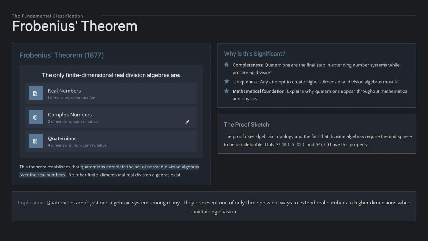The Frobenius theorem tells us that the only finite-dimensional real division algebras are these three: R, C, and H, which represent real numbers as 1D, complex numbers as 2D, and quaternions as 4D. This places quaternions in a unique and irreplaceable position in mathematics.